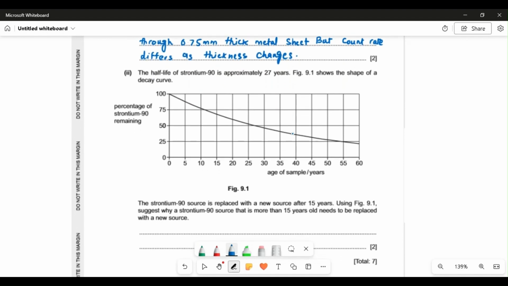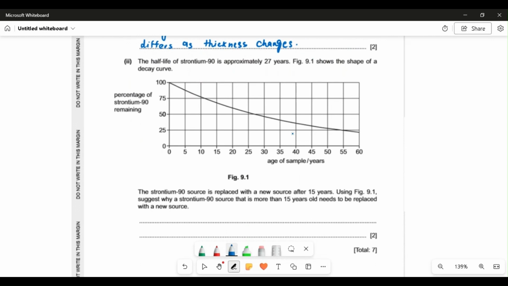Part 2. The half-life of strontium-90 is approximately 27 years. We know that half-life is the time in which half of the radioactive sample decays and half remains. So this says that the percentage of strontium-90 after almost 27 years becomes 50%.